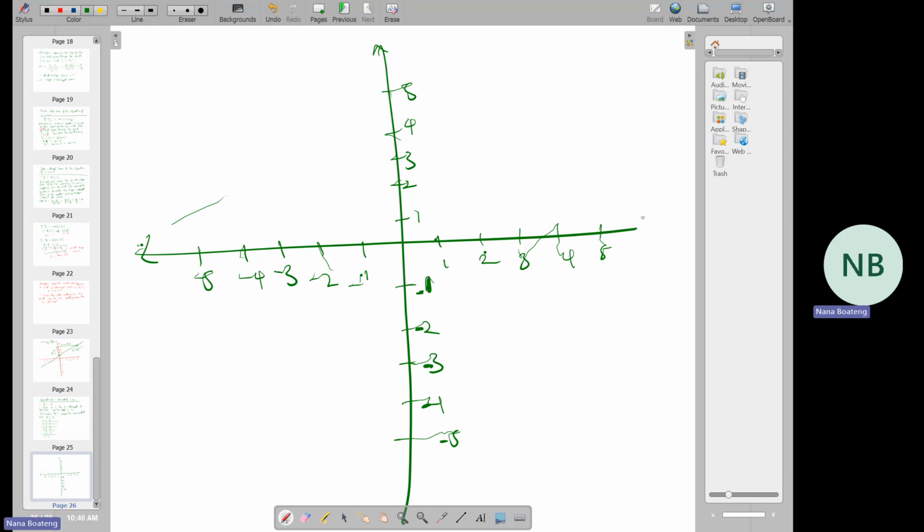Also, vertical lines do not have a slope, so the slope is undefined.